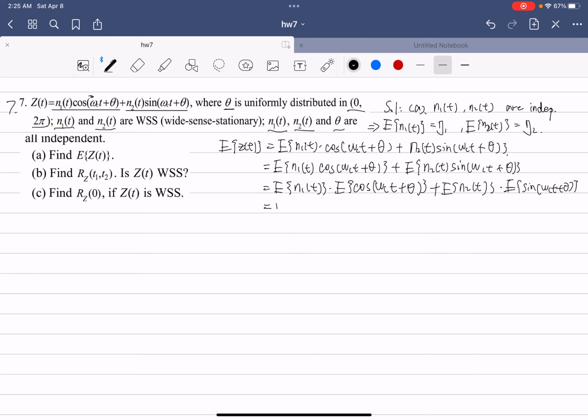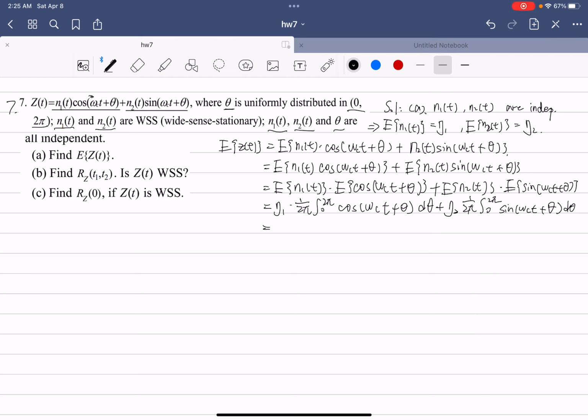That is h1 times 1 divided by 2 pi, integral from 0 to 2 pi, cosine omega ct plus theta d theta, plus h2, the same, from 0 to 2 pi, sine omega ct plus theta d theta.